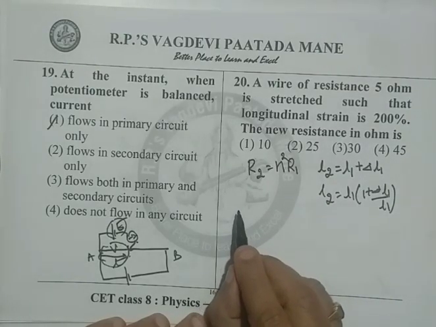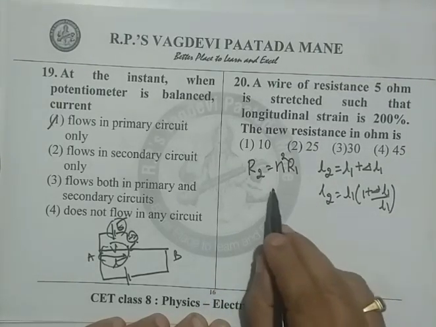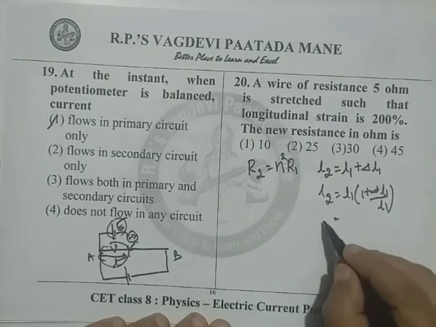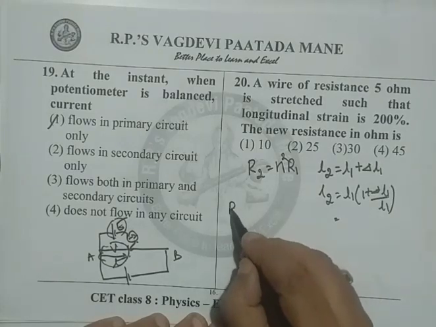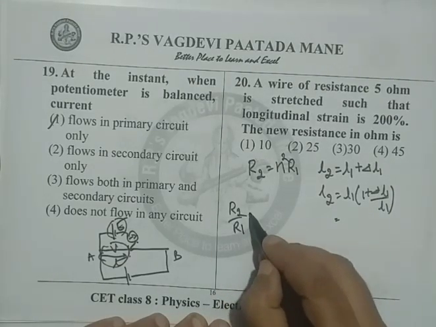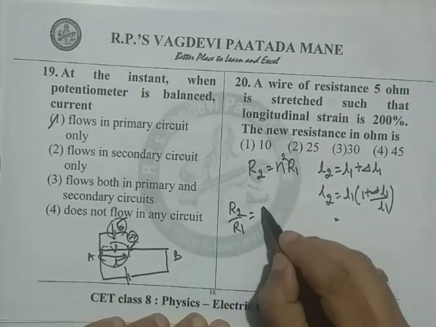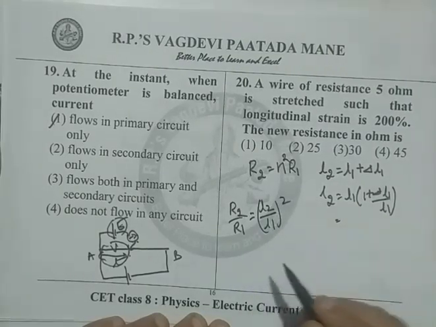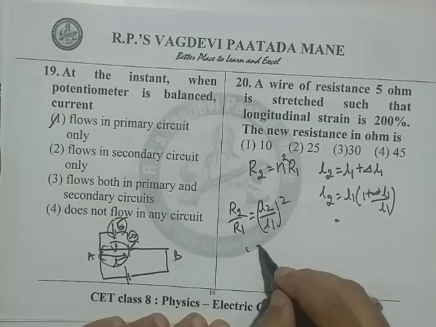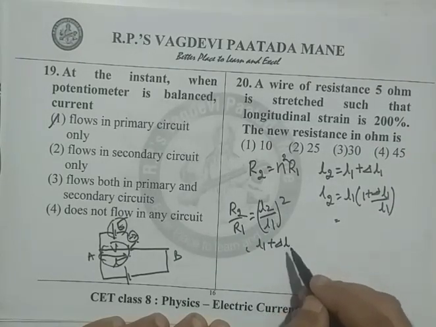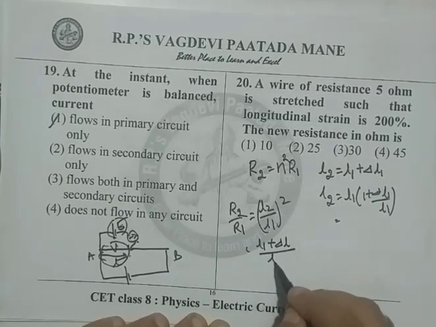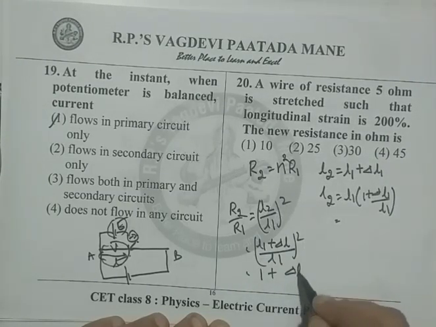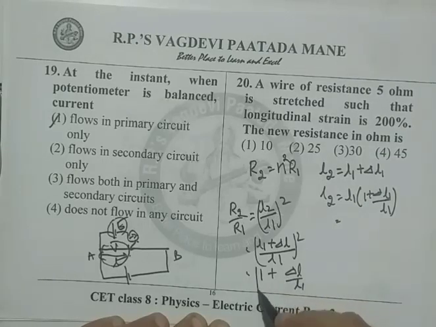Therefore, if we substitute these things, R2 by R1 is L2 by L1 whole square, that is 1 plus delta L by L1 whole square.